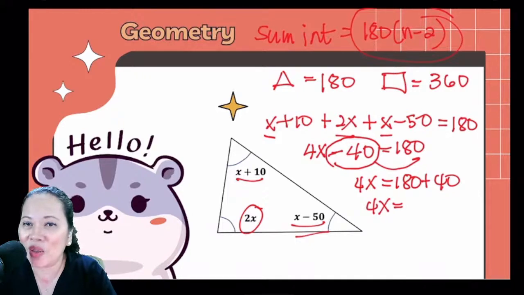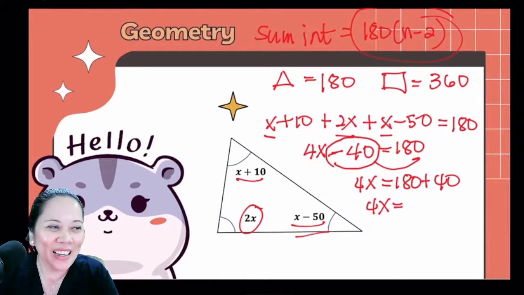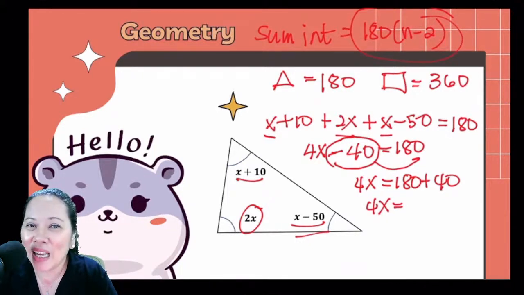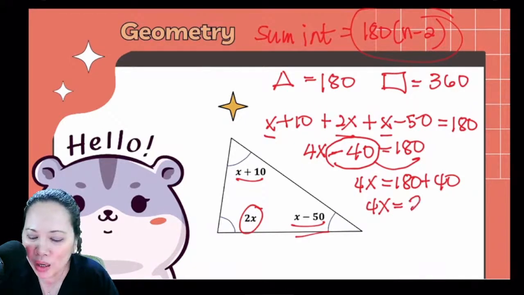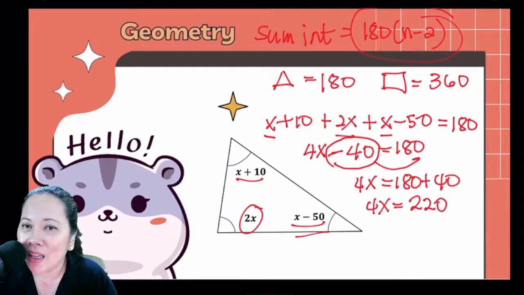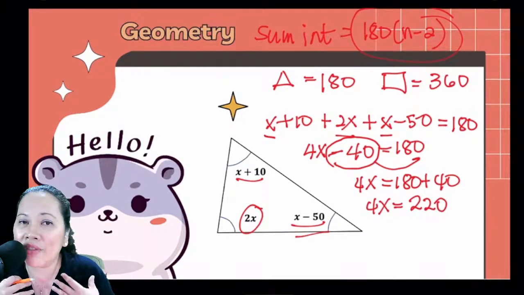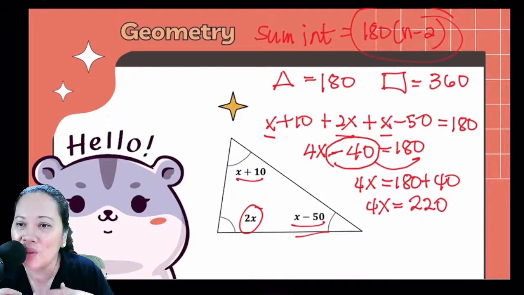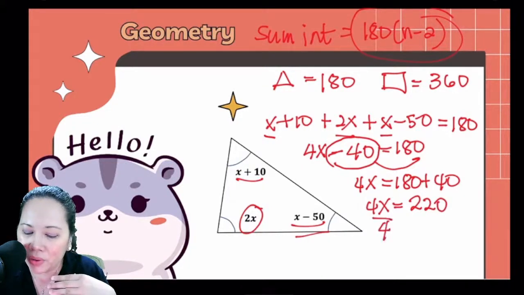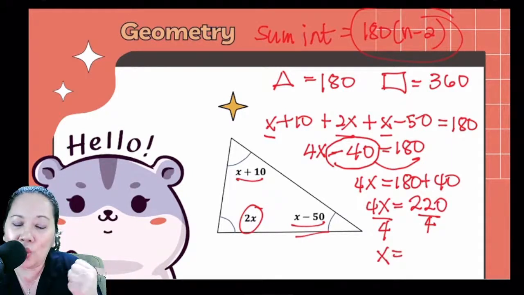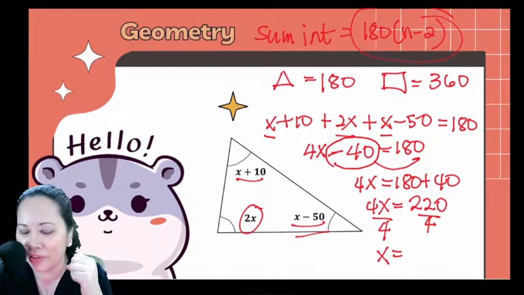Anyone who knows? Okay, 180 plus 40 will be 220. And then, since you are looking for the value of x, you just need to divide by 4. Therefore, x would be 220 divided by 4, which is 55.